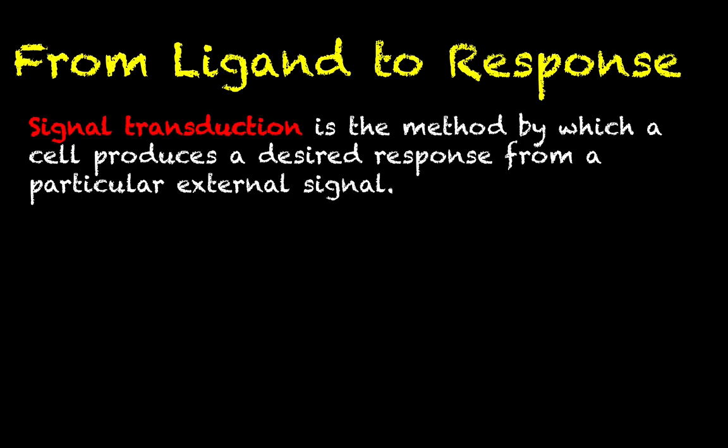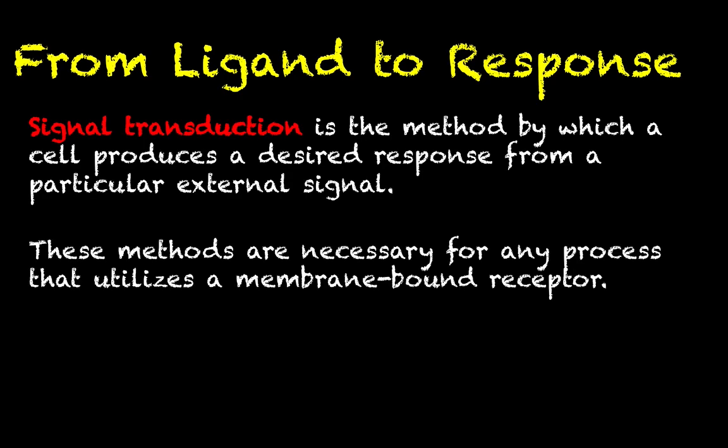Okay, so now that we've looked at the possible responses that we can get as a result of ligands binding to receptors, let's talk about what happens in between there. So that is all about the signal transduction process. This is the method by which a cell produces a desired response from that particular external signal, whether it's a hormone, neurotransmitter, or whatever. So these methods of signal transduction are necessary for any process that utilizes a membrane-bound receptor.